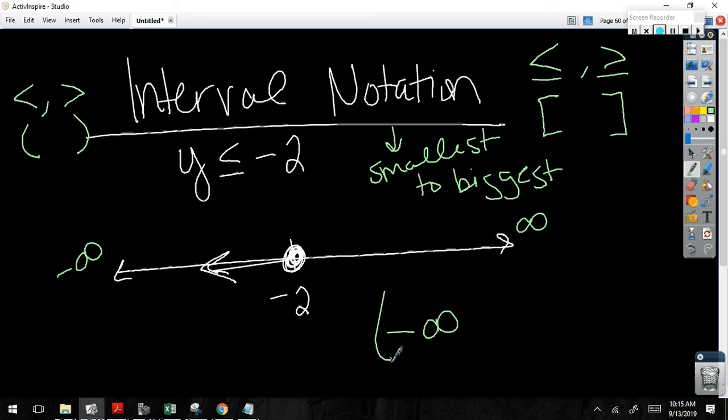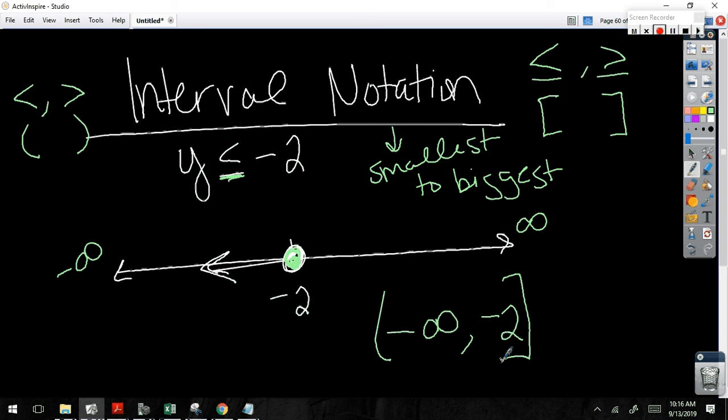Interval notation is made up of two values, so you do a comma, and then it goes up to what? -2. Does it include -2 or not? Yes, that means inclusive, so I would put it in a bracket, right? You can have anything on either side.